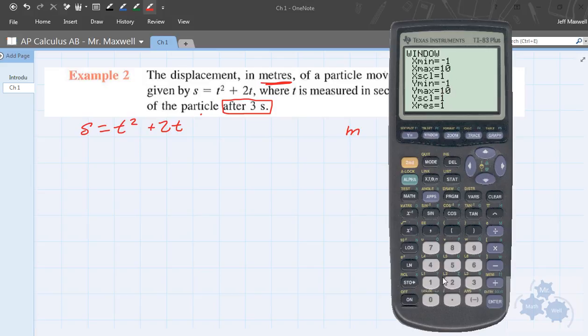Let's make x max 4, and y min back up to 25. That's a bit better, so we can see everything.